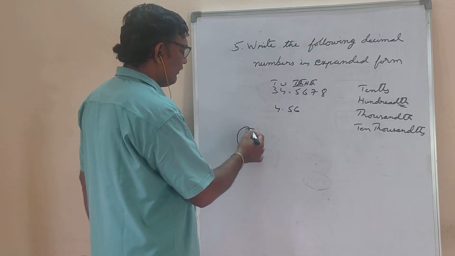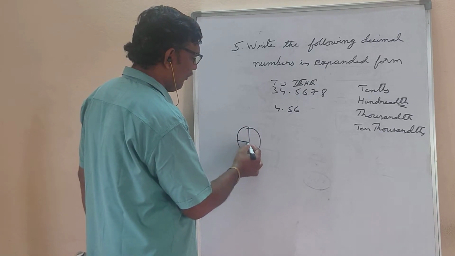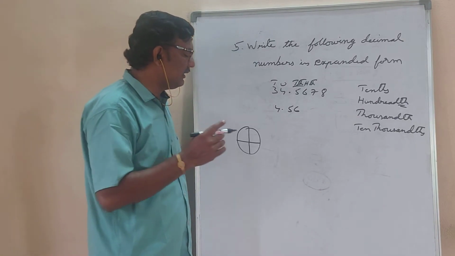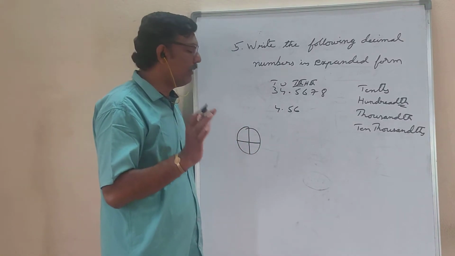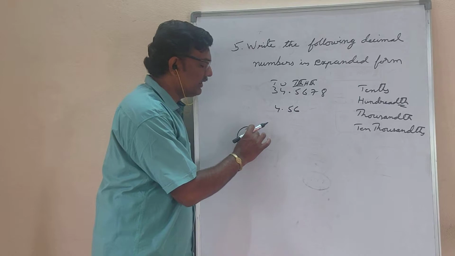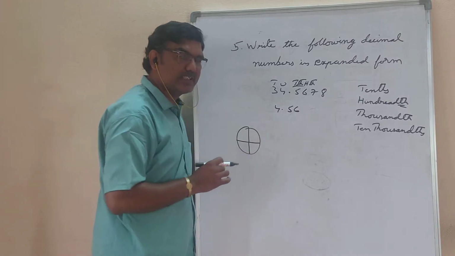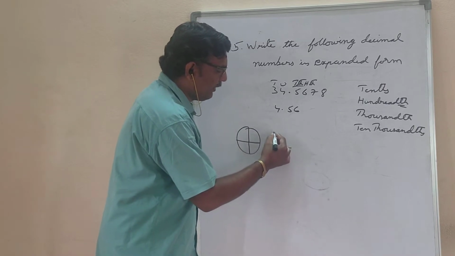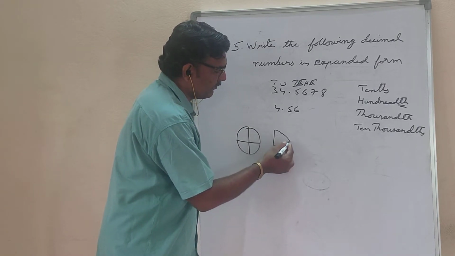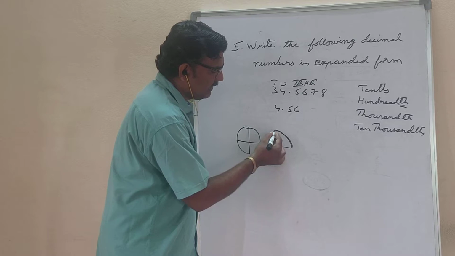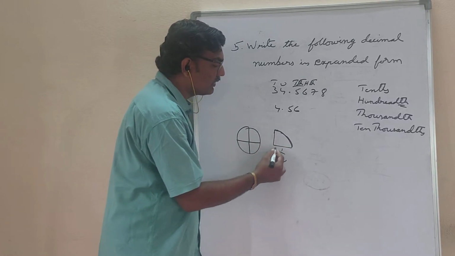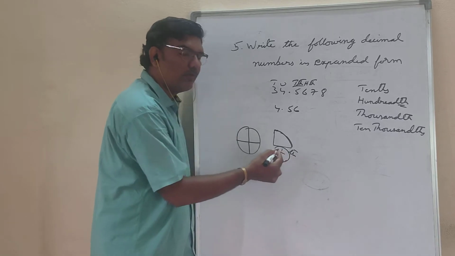See, I am cutting this cake into 4 equal parts. Remember that it has to be divided into equal parts. All the parts should be of the same size. Then if you take one part among these, it is called 1/4.